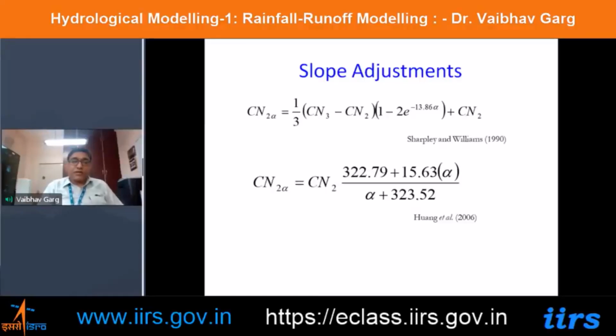It may be more than 10%. So later on, improvements have been made to incorporate the slope. Here alpha is your slope in percent, and first you have to correct the curve number for slope and then for the AMC condition, and whatever you get will be your final CN map.